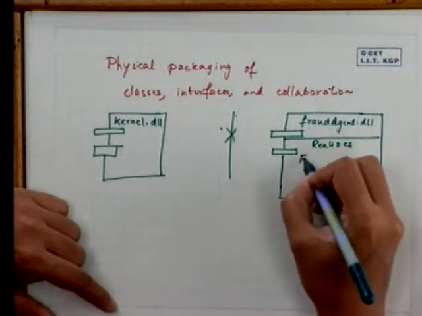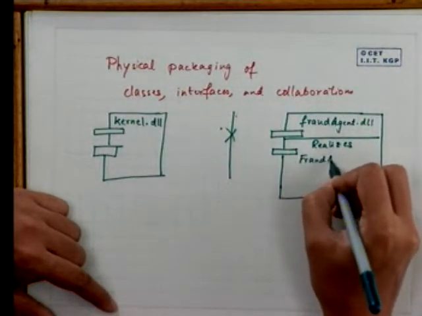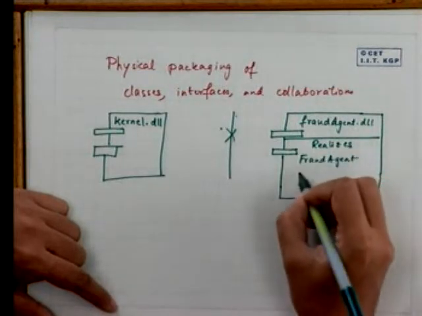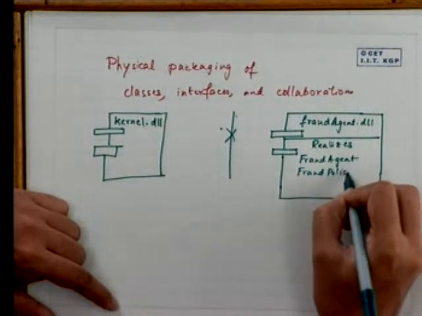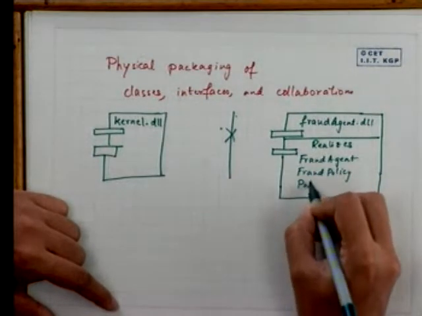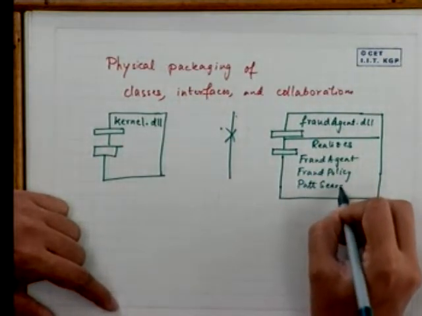It realizes fraud agent, fraud policy, and pattern search. So a component can realize interfaces.